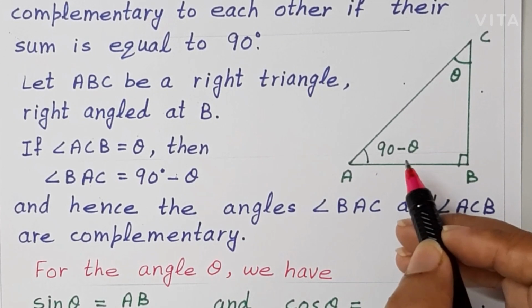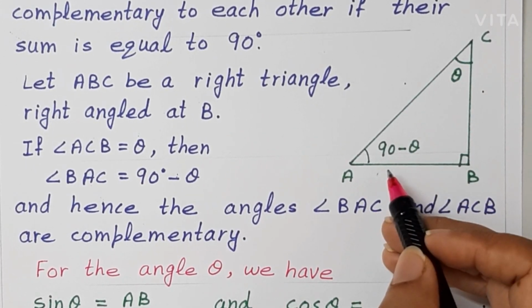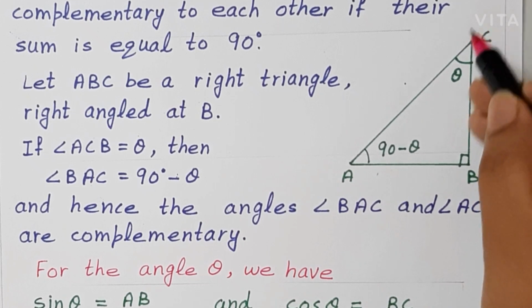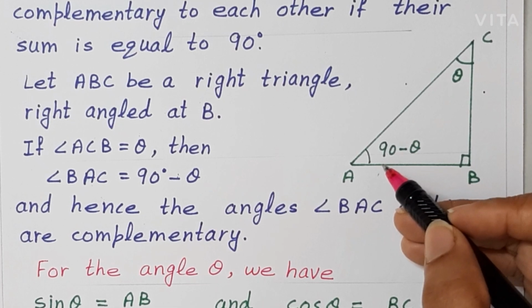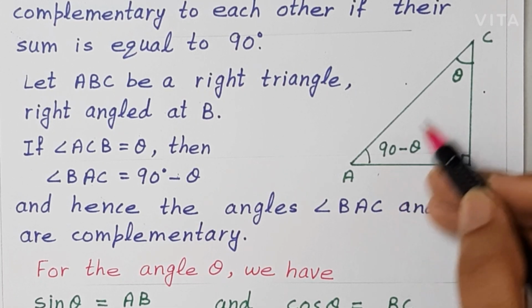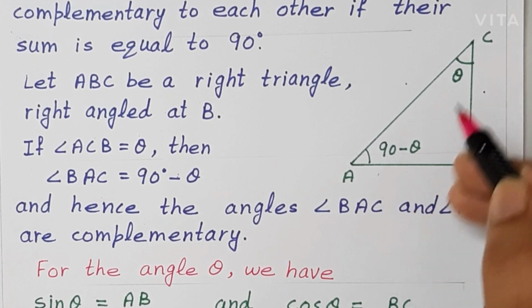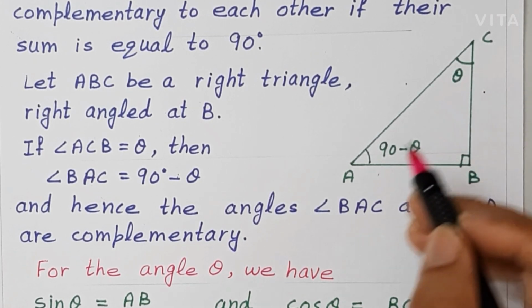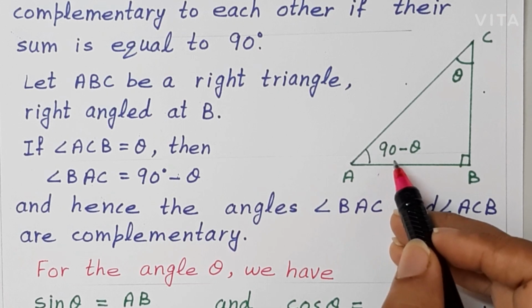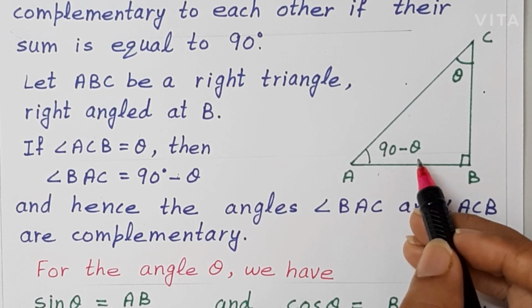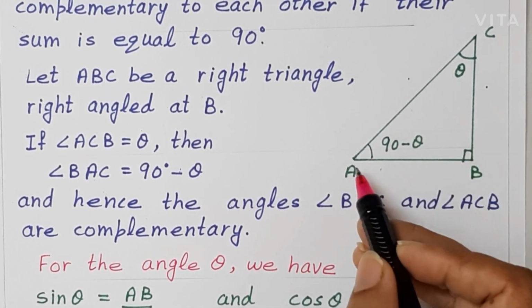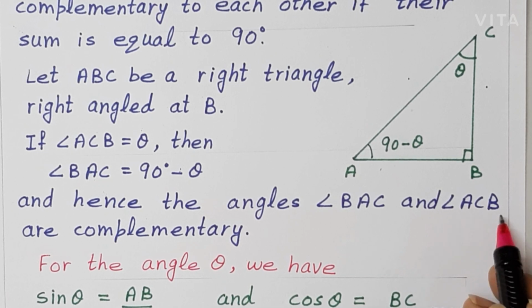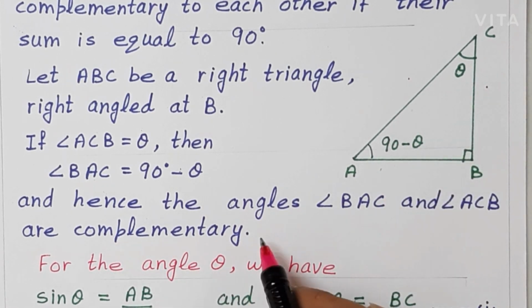Because just now we have discussed that if it is a right angle triangle, then the sum of the remaining two angles is always 90 degrees, that is, complementary. So if angle C is theta, angle A will be 90 minus theta. Clear? So hence the angles BAC, that is angle A, and angle ACB, that is angle C, are complementary. I hope it is clear to you.